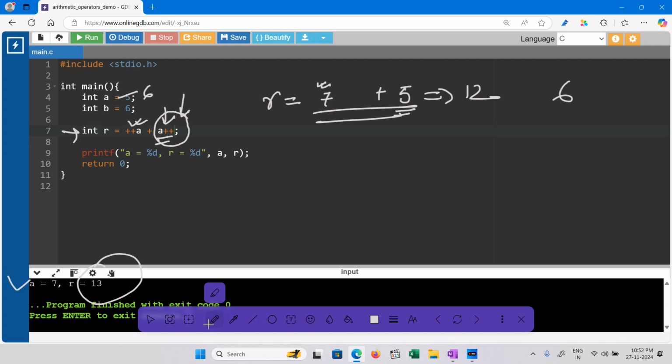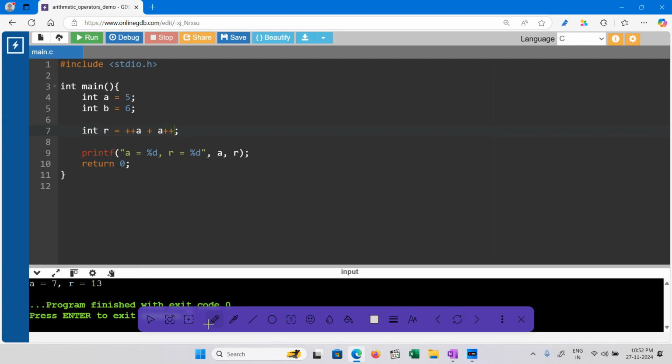Okay, so now let's change the order. If we follow this way, will it get 13? So let us try. So this is ++a, it is pre-increment. In pre-increment, a will become 6, so it will consider the value of 6 here. Plus, now again a++, post-increment, so it will use the current value, 6, and a will update to 7.